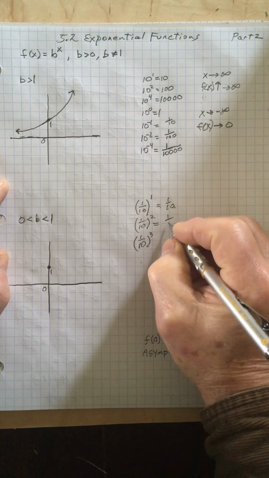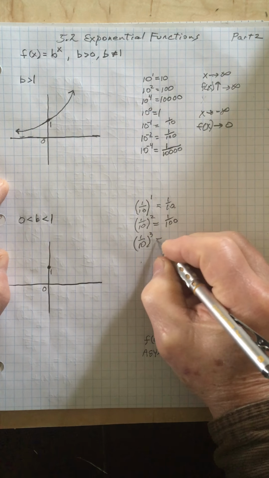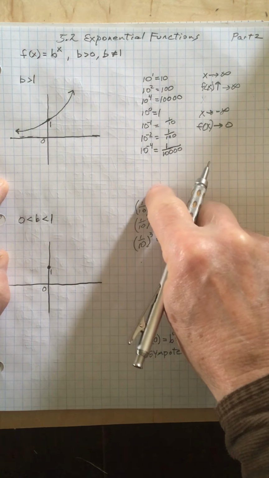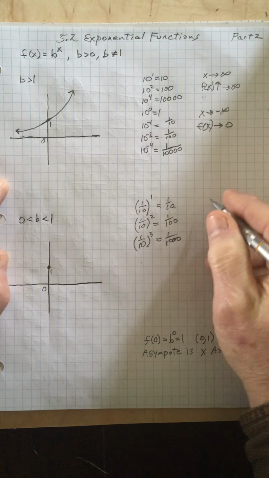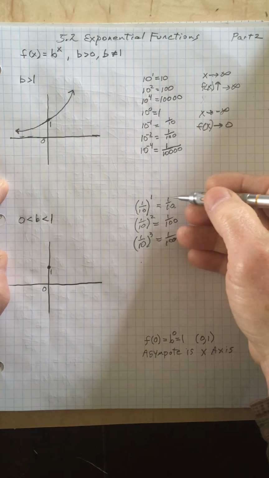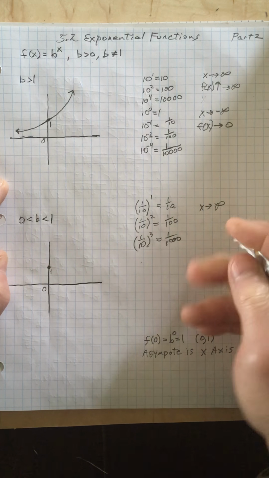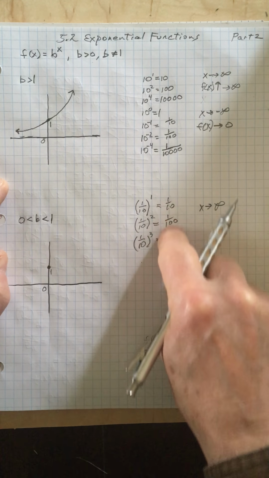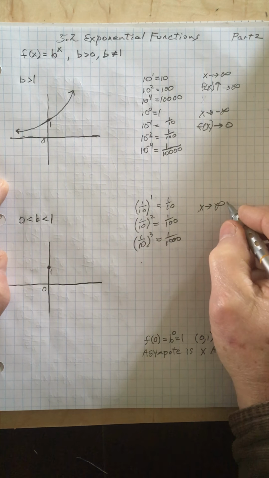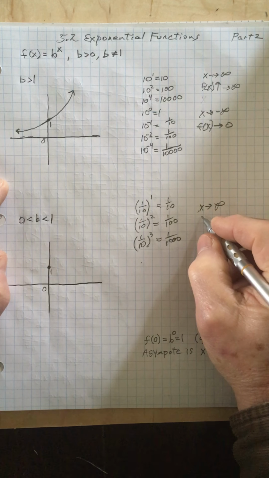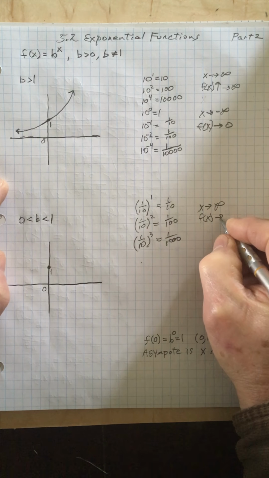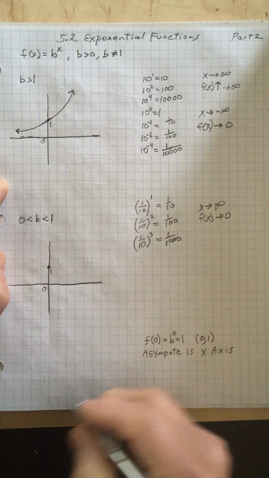So you can see here, as x gets bigger, as x approaches infinity, what's happening to y? It's getting smaller and smaller, closer and closer to 0. So as x approaches infinity, the function, or y, approaches 0.